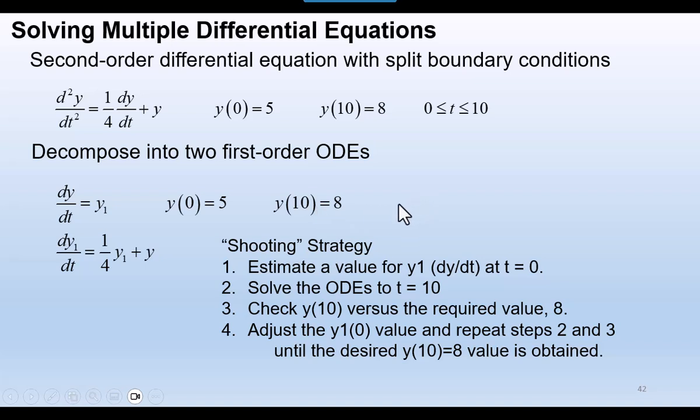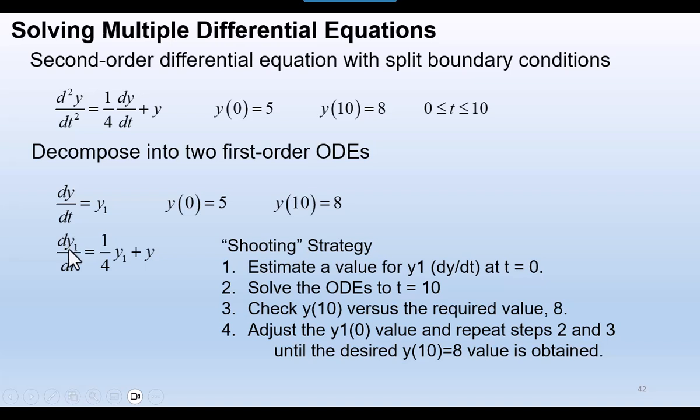So the strategy that we want to use for that is to try to solve it as an initial value problem by estimating a value for y1 at time equals 0, where you'll recall y1 is actually the derivative of y with respect to t.